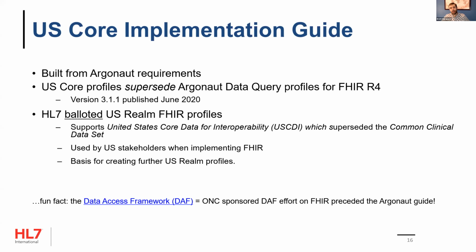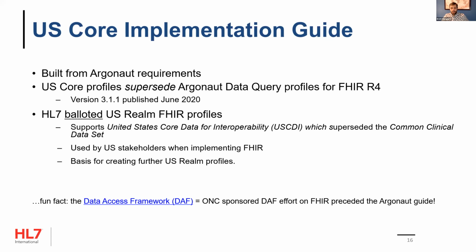So if you're out in industry today and you end up working with a FHIR server that's using DSTU2, US Core has upgraded to the latest version, FHIR R4, and has incorporated all those Argonaut requirements. And the original version that was published and named was 3.1.1, and we've continued to roll from there.